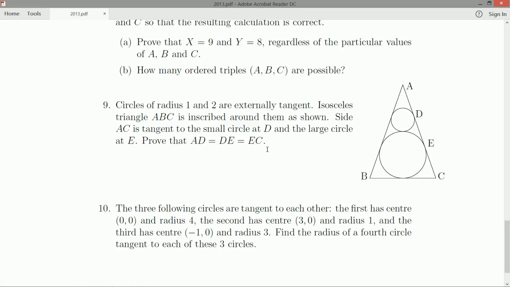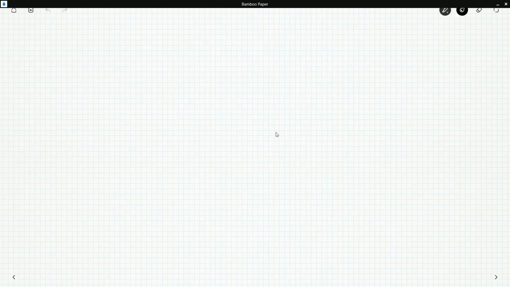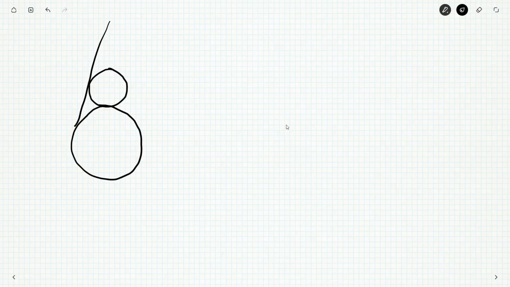Well, it's isosceles, so if I drop a perpendicular from A, it should go right through the centers of our circles. Remember, always draw my circles first, then my triangles.